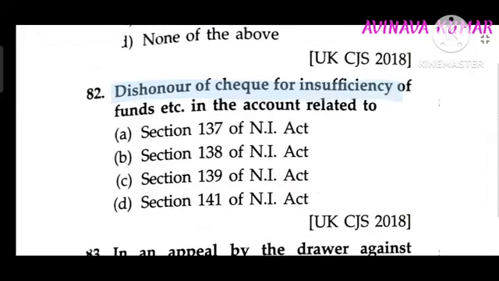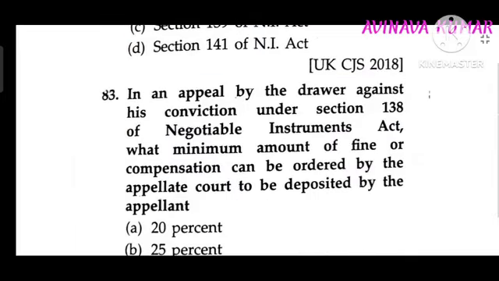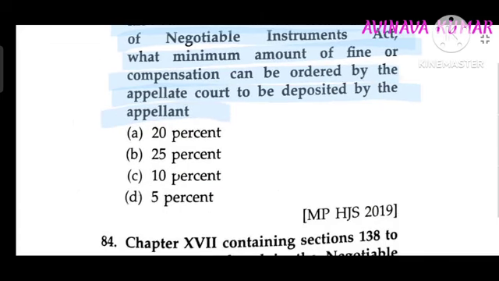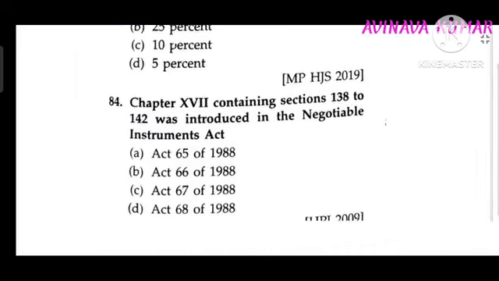Dishonor of check for insufficient fund in account is related to Section 138. In an appeal by a drawer against his conviction under Section 138 of NIA, what minimum amount of fine compensation can be ordered by the appellate court to be deposited in the appeal? 20%.